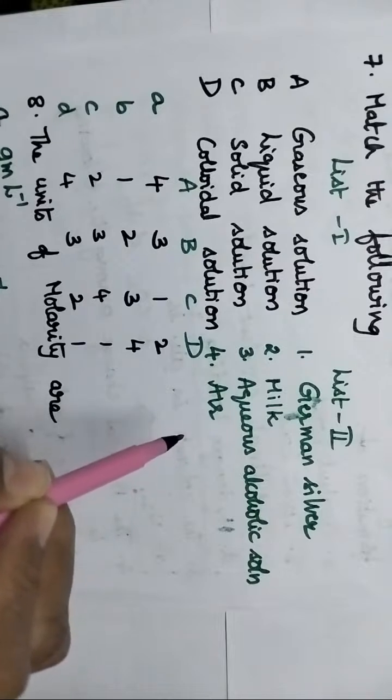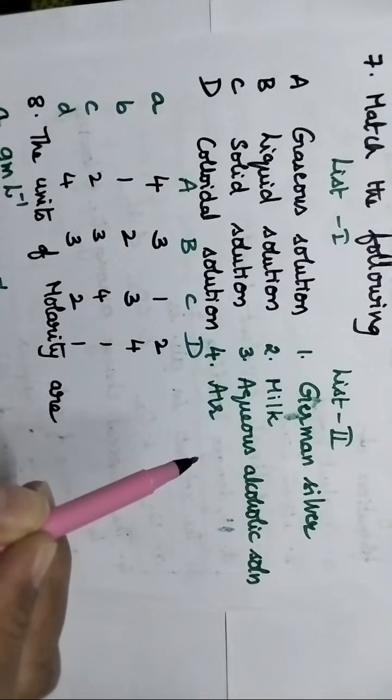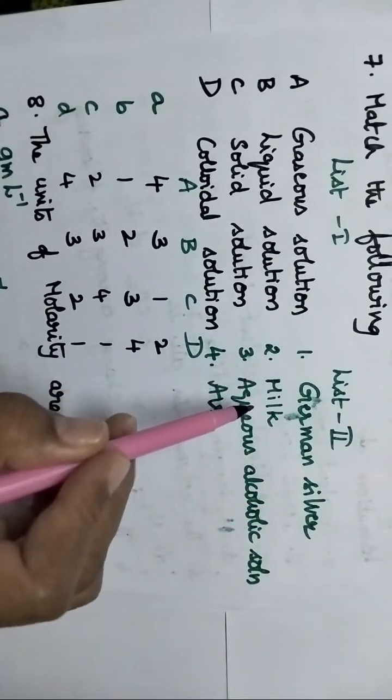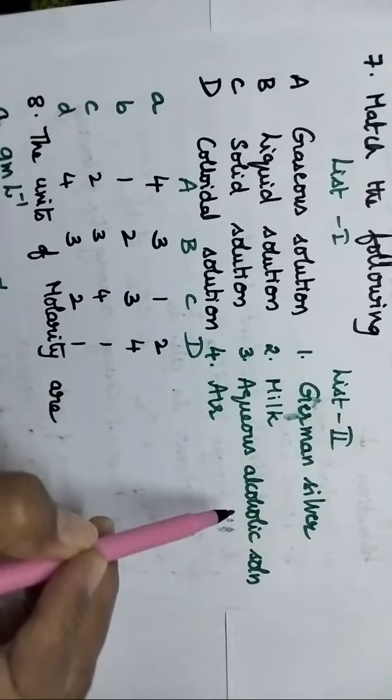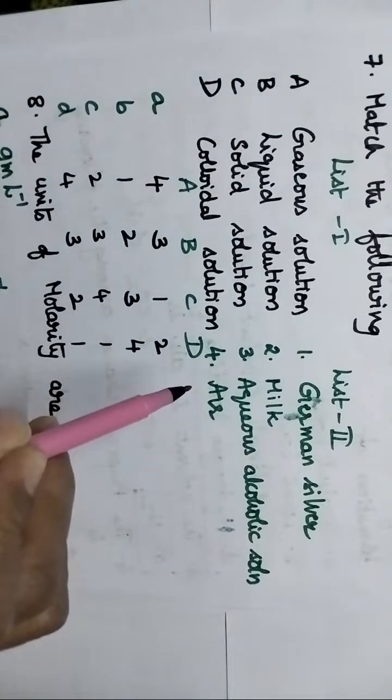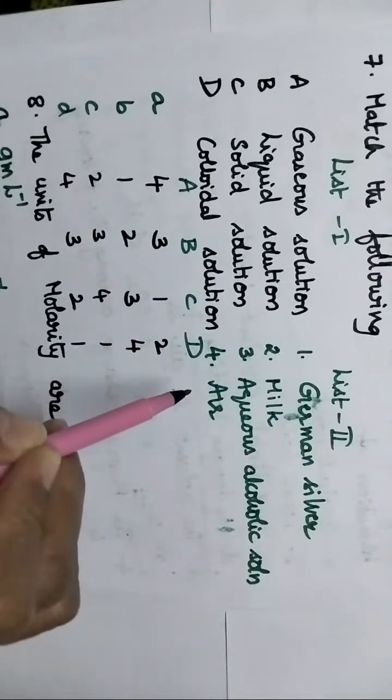I will read list 2 once again. 1 is German silver, 2 is milk, 3 is aqueous alcoholic solution, 4 is air. You better identify the right matching.